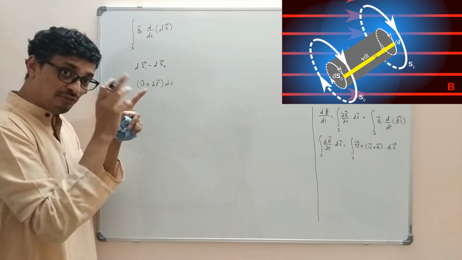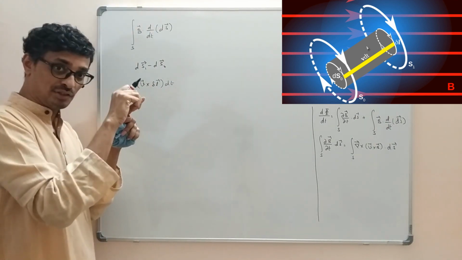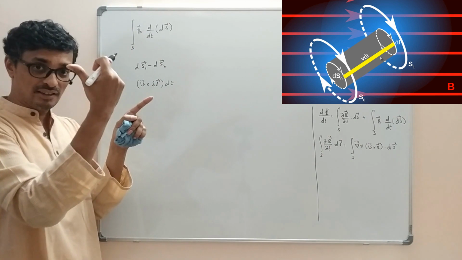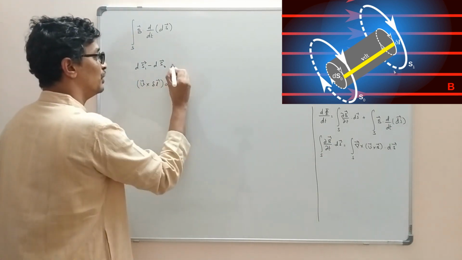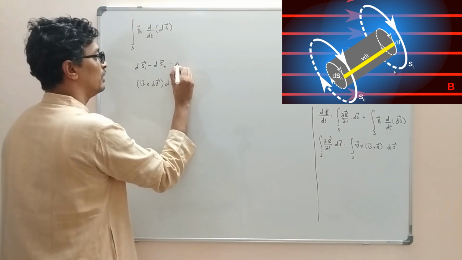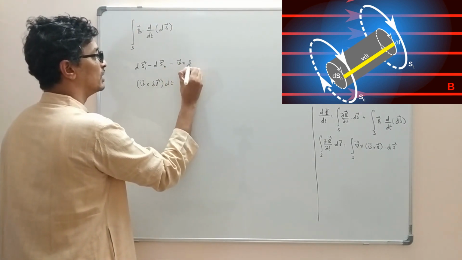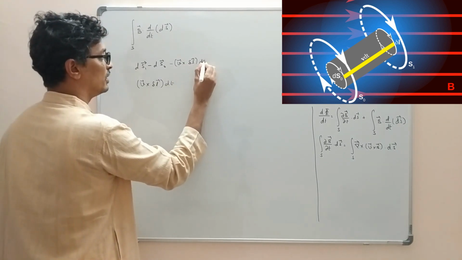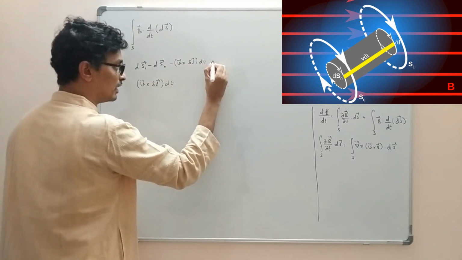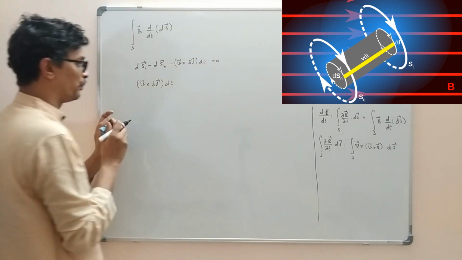Now v cross delta L is inward, so if you want to take the outward direction, this becomes negative. So this is going to be minus v cross delta L dt, and this sum will be equal to 0.